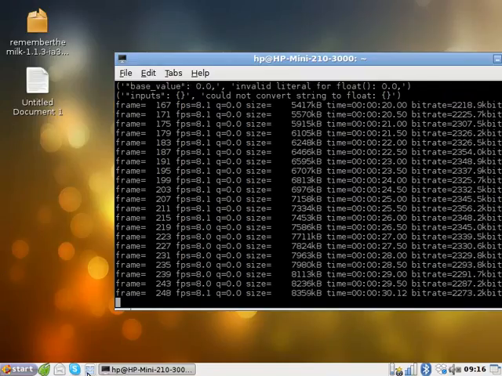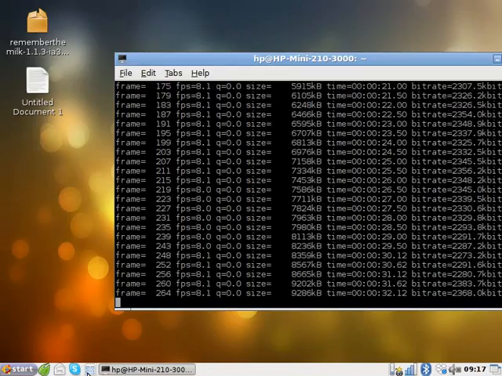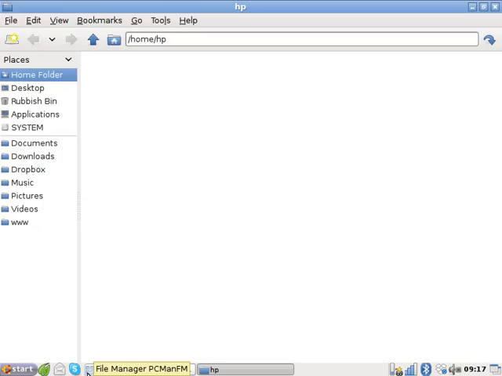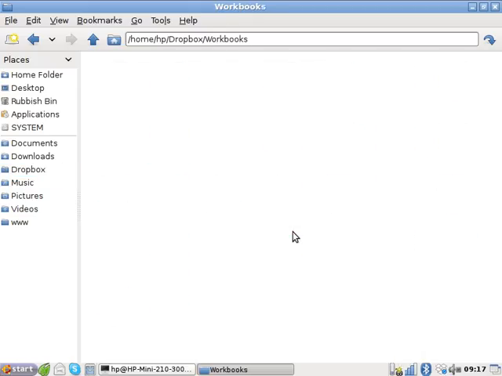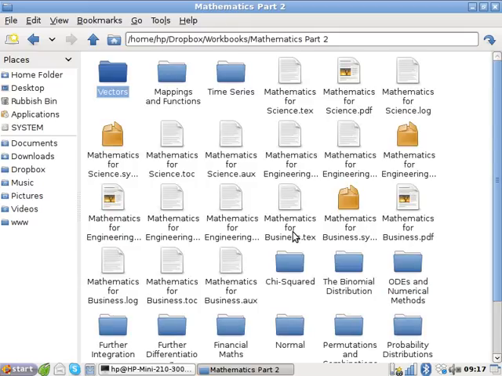All right, let's open up the next worksheet. Maths part 2. Maths for engineering.